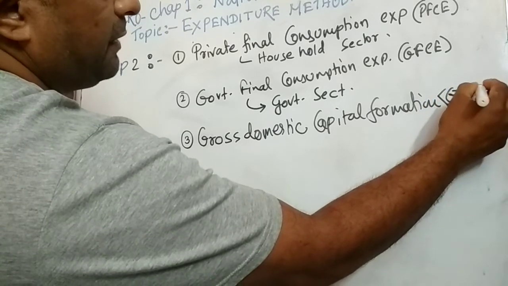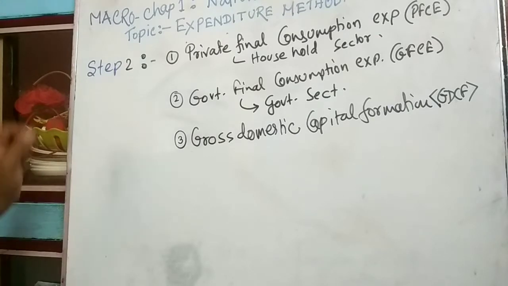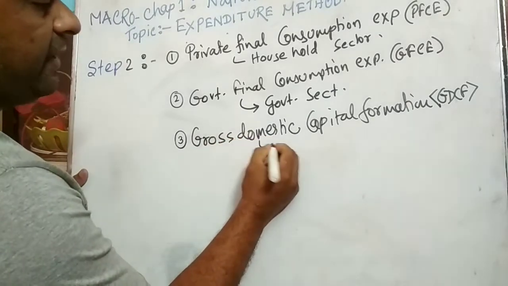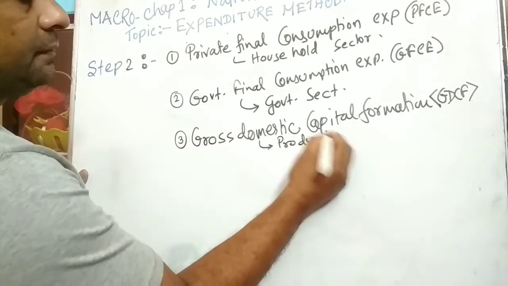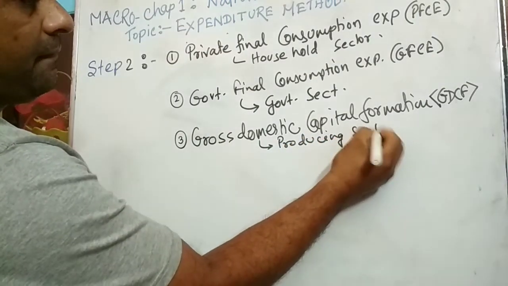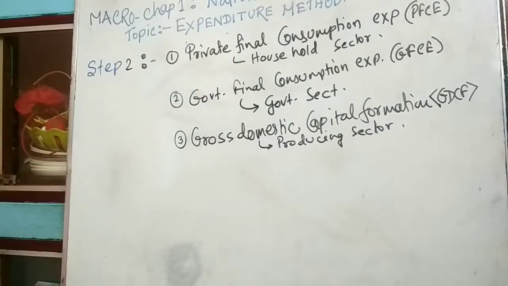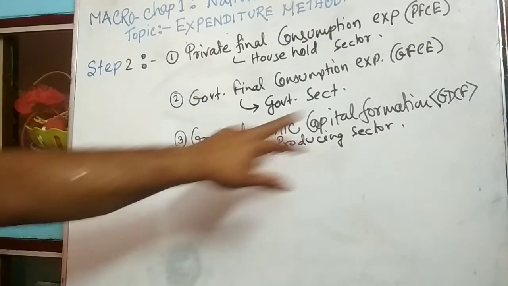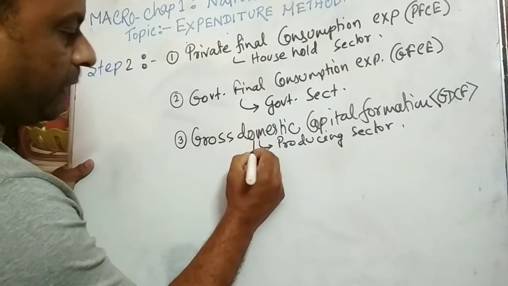Gross domestic capital formation, GDCF. It is actually the final expenditure made by the producing sector. All the final expenditures made by the producing sector come under gross domestic capital formation. It has two parts.